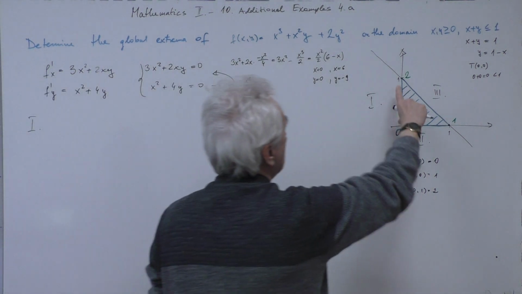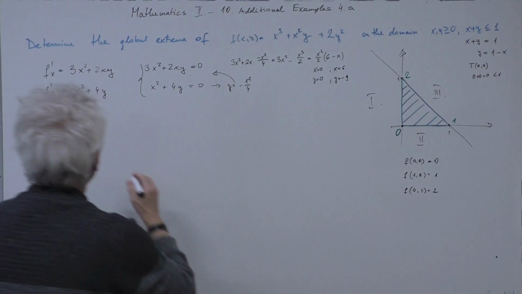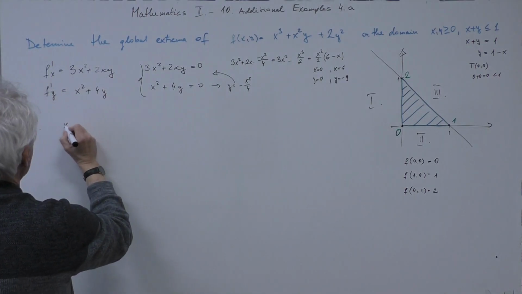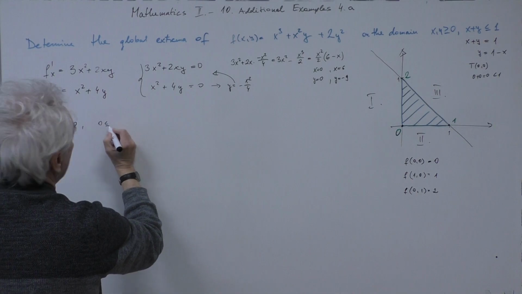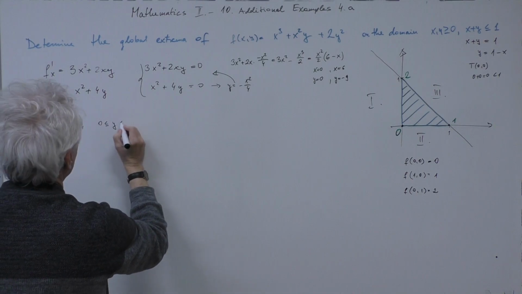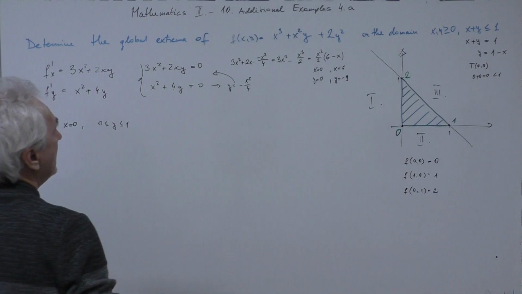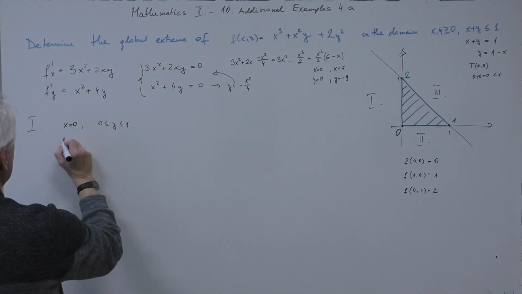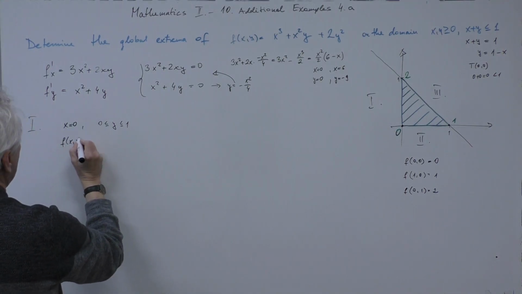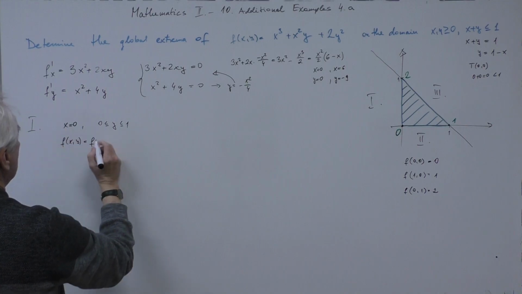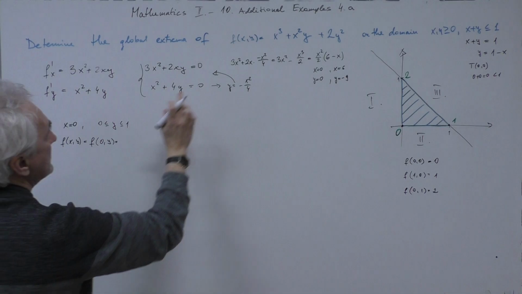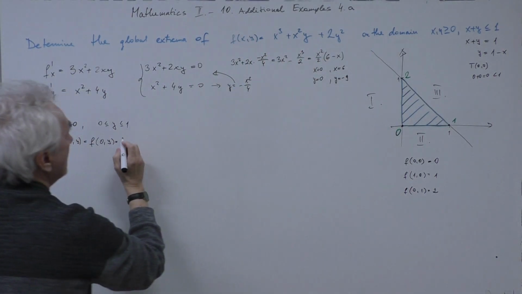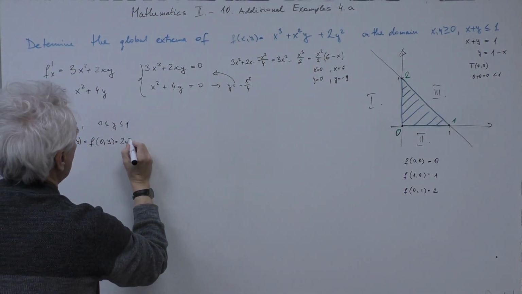First, this is the side where x is 0 and y runs from 0 to 1. Substituting 0 for x in f of x, y gives us nothing else but 2y squared.